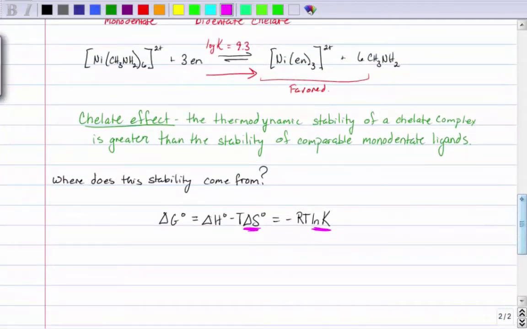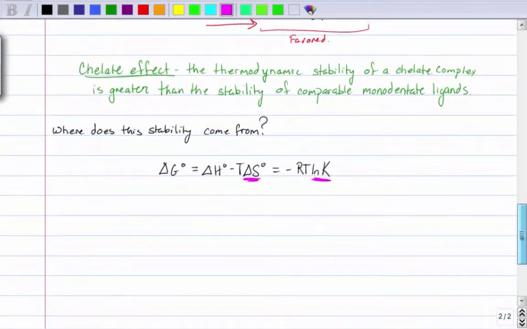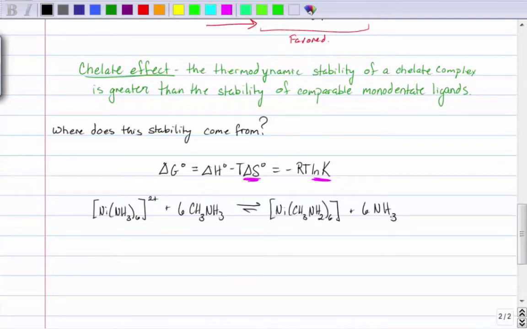So I'm going to write two different equations to compare entropies. So if I take a hexamine nickel complex, and I add 6 of the methylamine ligands, how can I tell if my entropy has changed or not? Nope, it didn't. I just forgot to draw it.